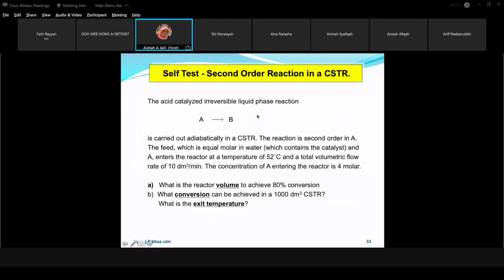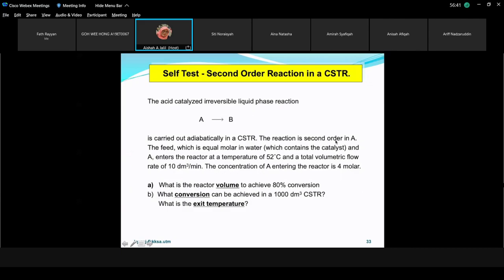Okay, this is example. Second order reaction in a CSTR. Okay, this is the example question for chapter 8. Okay, the acid catalyzed irreversible liquid phase reaction. So this is liquid phase reaction. A to B is carried out adiabatically in a CSTR. The reaction is second order.